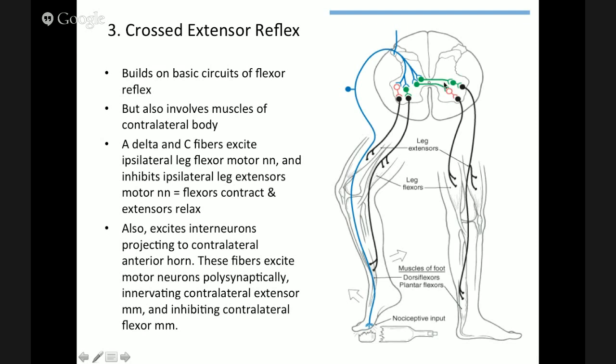So contralaterally, there's the opposite effect. You now want to activate the extensors in order to maintain your upright posture and inhibit the flexors on the contralateral limb. So contralateral extensor muscles are activated to support the body.